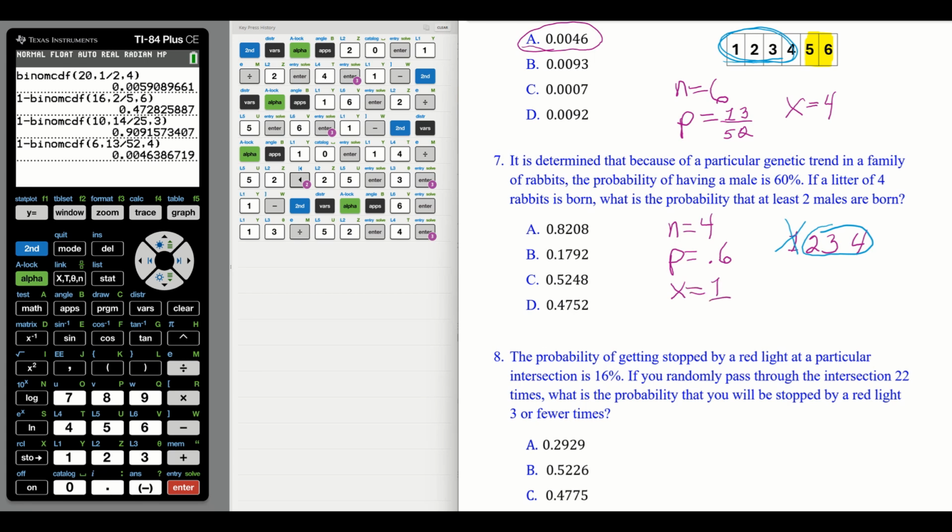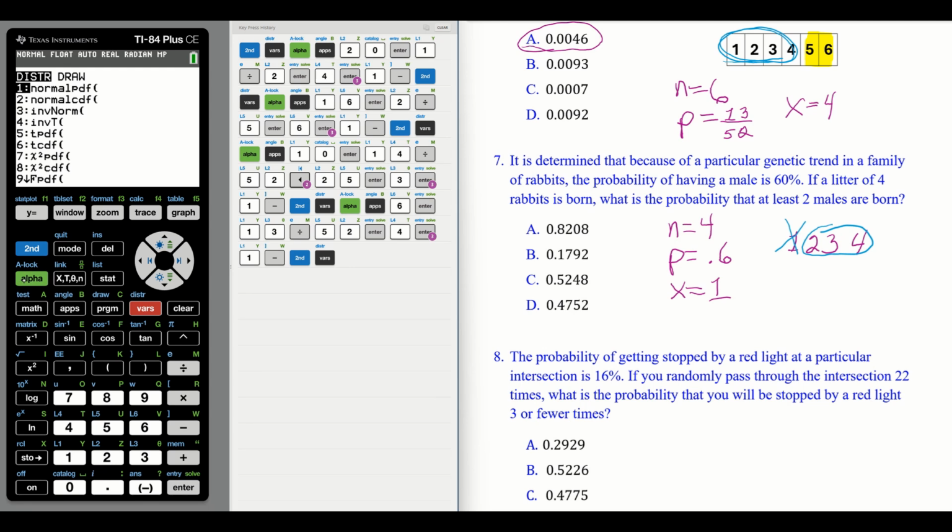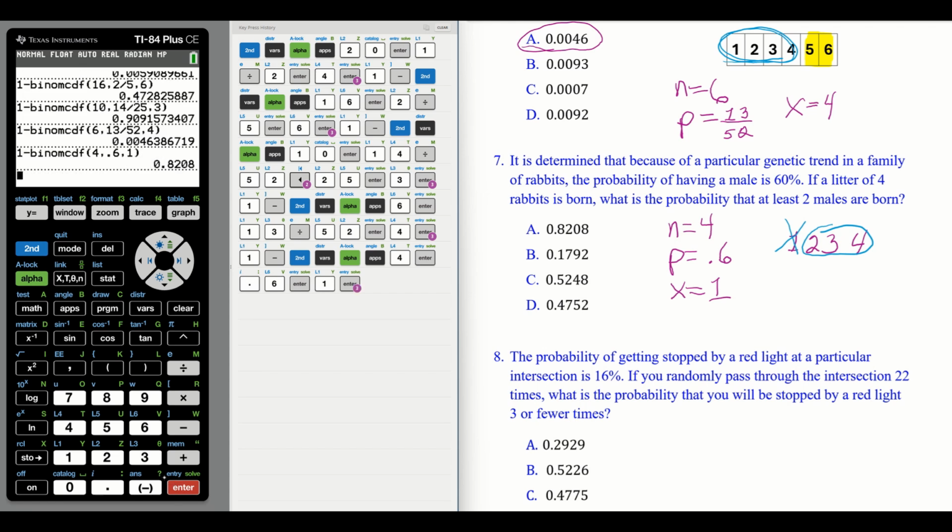So X equals 1. Okay, so 1 minus, second vars, binomcdf, N is 4. Our probability is 0.6. And we just need to use X is 1, enter, enter. And great, there's our value, A. That's your probability. That's a high probability of getting a little male baby bunny.